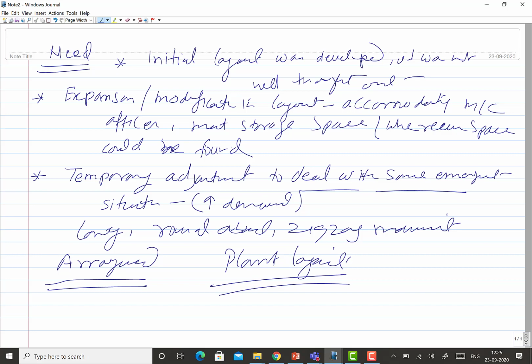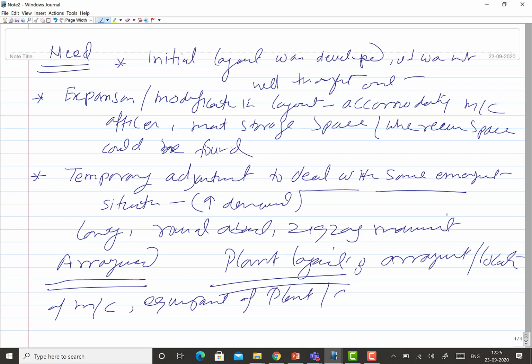So as far as the layout is concerned, it shows the arrangement or location of machines and equipments of the plant or office.